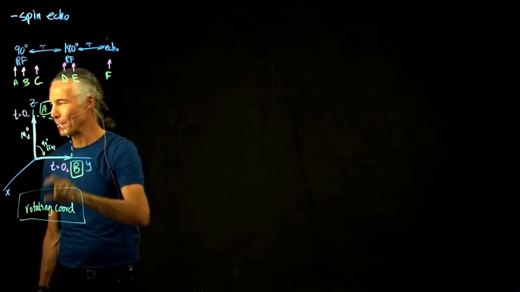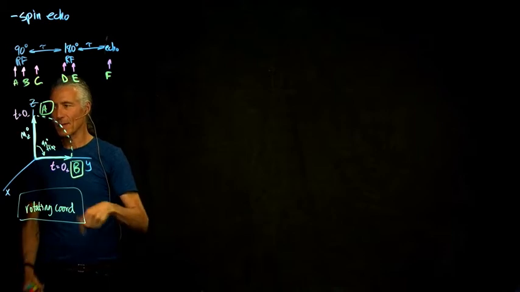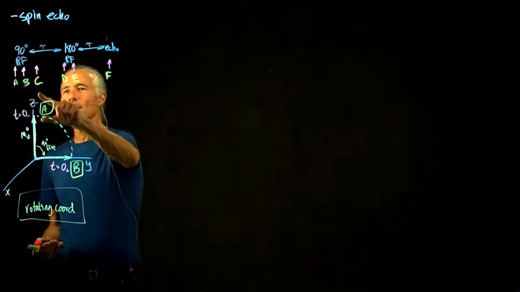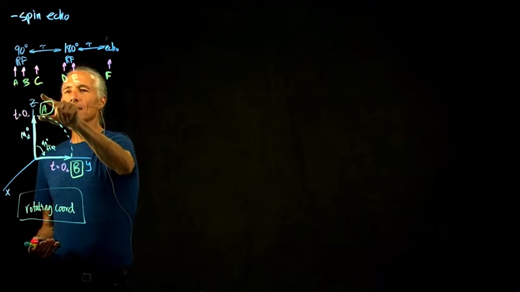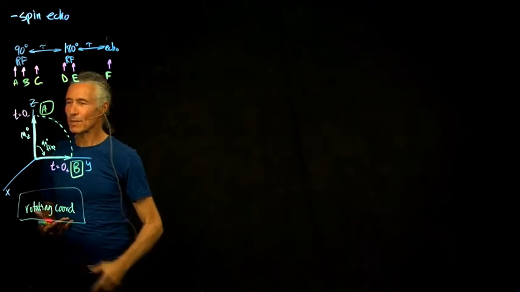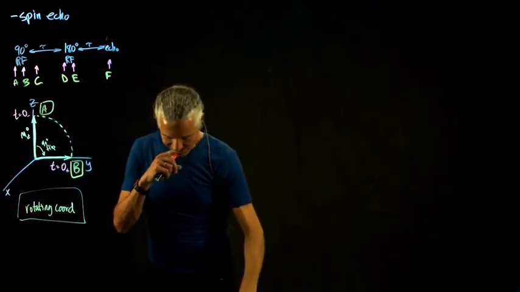Everybody's still lined up exactly on the y-axis because there hasn't been any time for them to get out of phase. So now let's make a drawing just a little while afterwards. We've still got some transverse magnetization.